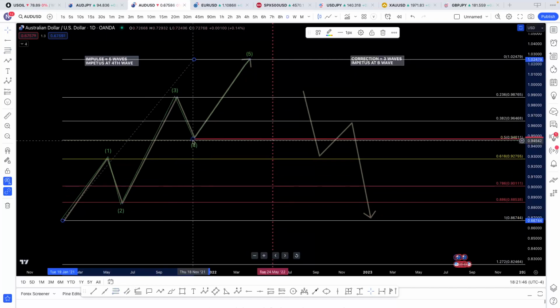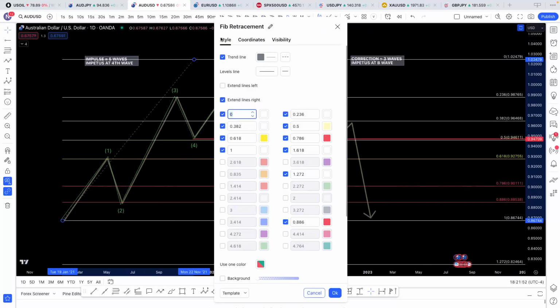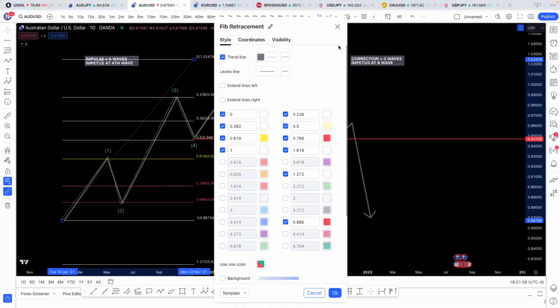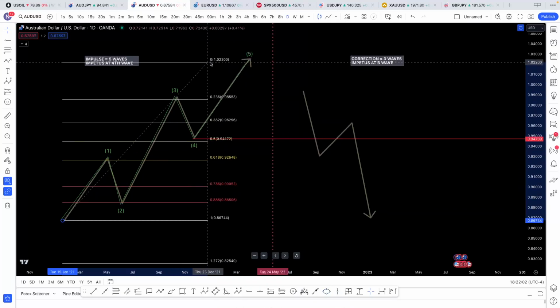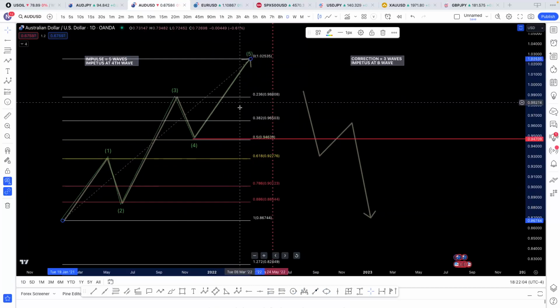And right here, my fib is at the 50%. I was trying to keep from extending it to the right. Oh, okay, maybe this will work. All right, cool. So here to here. So here's my impetus, and it's at the 50%.